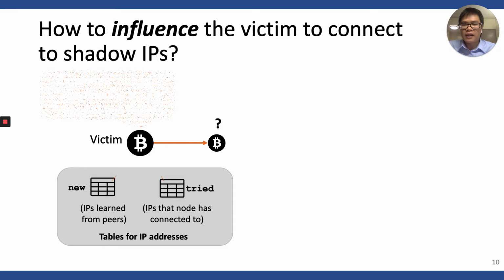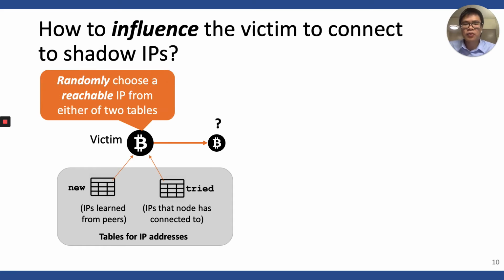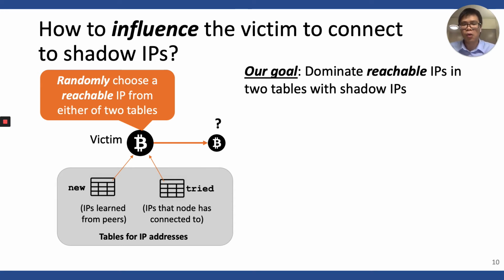When it opens an outgoing connection, it randomly chooses a reachable IP from either of the two tables. It is important to note that only reachable IPs are chosen, because the two tables also have unreachable IPs that the node cannot open connections to. So the attacker's goal here is to dominate the reachable IPs in both tables with the shadow IPs.